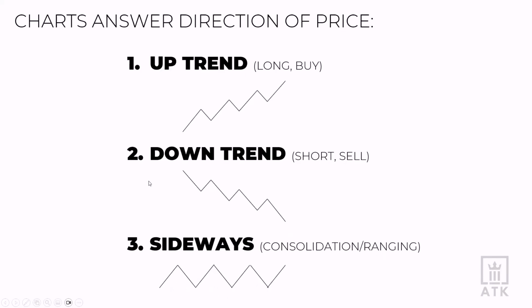Now, this is important to note that when it moves up, it doesn't just move up in a straight line. When it moves down, it doesn't move down in a straight line. And when it moves sideways, it doesn't move sideways in a straight line. But what it does is it moves up and then it retraces.